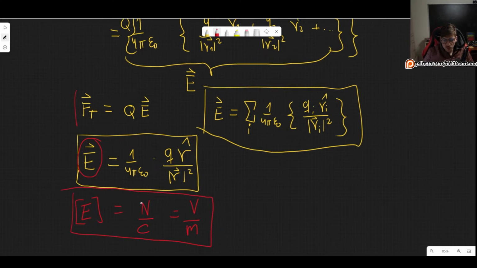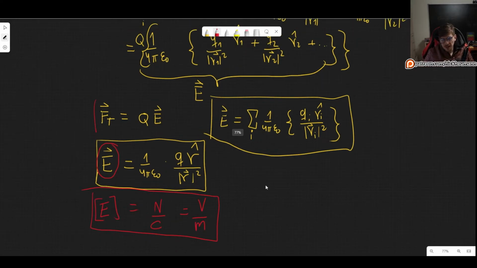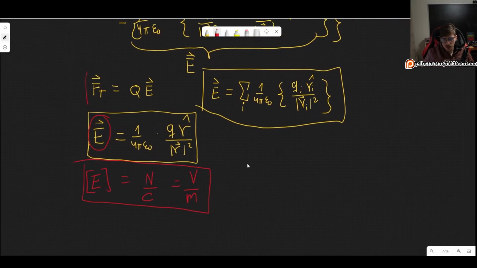Which units to use depends on what exactly you are doing. If you are dealing with electric potentials, which we'll see later, you may want to use volts per meter. If you are perhaps using just charges and you are dealing with coulombs, perhaps this is easier. Anyways, that depends on what you're doing.